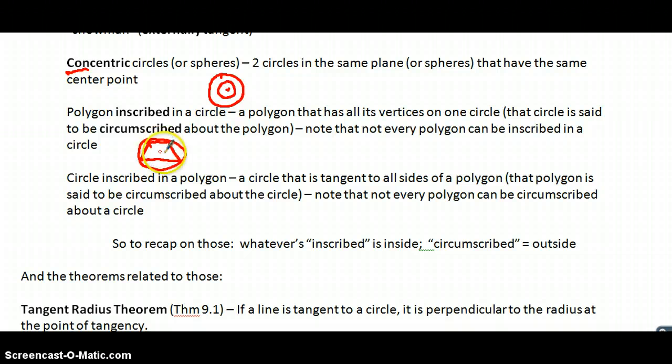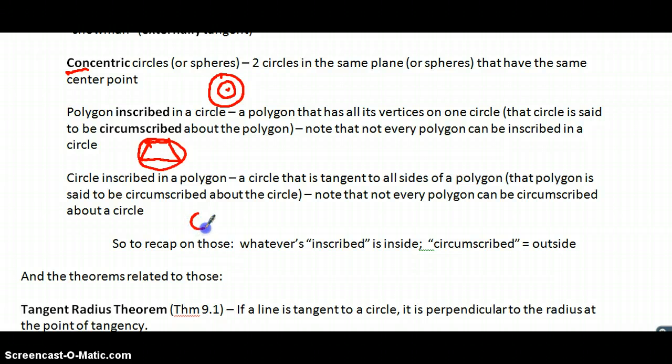That's where I could say this polygon is inscribed in this circle, or I could say that this circle is circumscribed about the polygon. Same thing can happen the other way. Oh, the special thing about that is all these 4 corner points are exactly on the circle. And that doesn't happen with every polygon, so it's kind of a special thing when something gets to be inscribed in a circle.